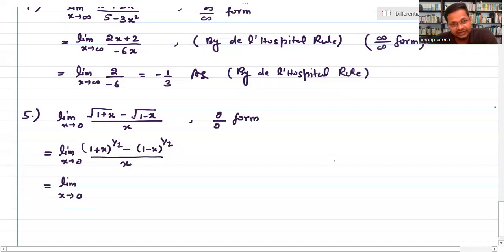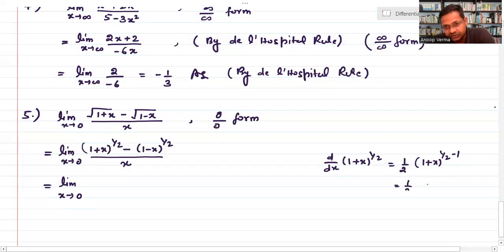So here we see what is the derivative of (1 plus x) power 1 by 2. 1 by 2 comes outside, it will remain (1 plus x) power 1 by 2 minus 1. And the derivative of 1 plus x: derivative of 1 is 0, derivative of x is 1, so it remains like this.